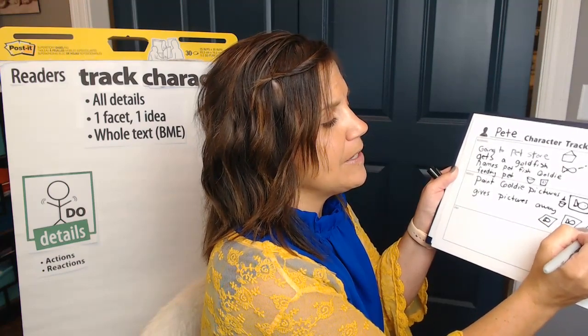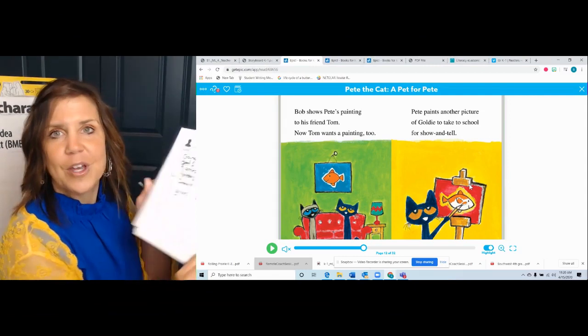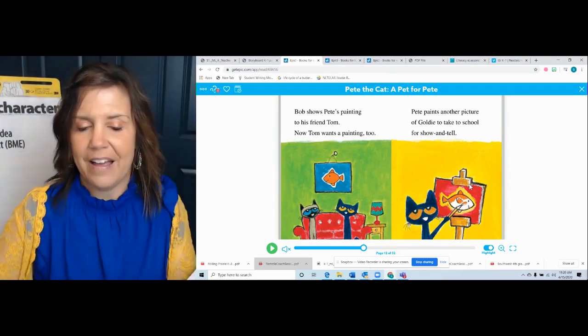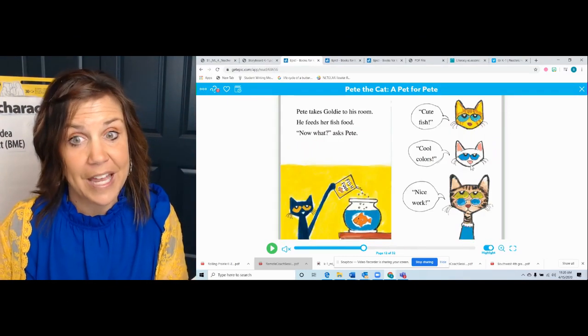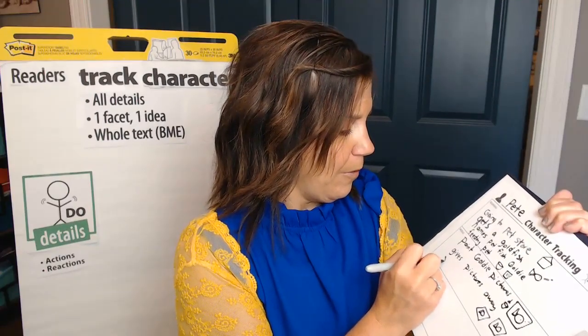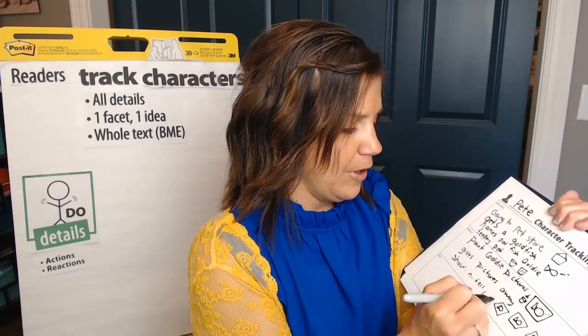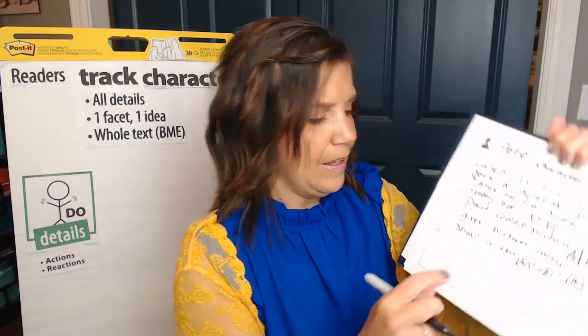So this is what he's doing. He's giving the pictures away. Yeah. And he takes it into show and tell, doesn't he? Takes it into school. So I'll write show and tell, and I'll draw another picture of Goldie that he takes to show and tell to show his class.